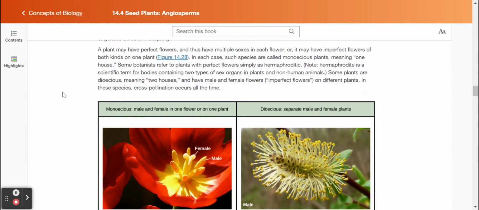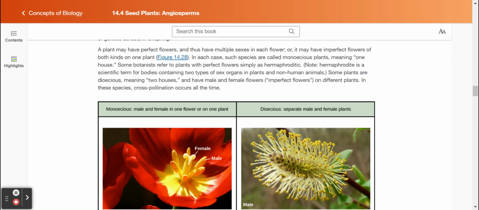A plant may have perfect flowers and thus have multiple sexes in each flower, or it may have imperfect flowers of both kinds on one plant. In each case, such species are called monoecious plants, meaning one house. Some botanists refer to plants with perfect flowers simply as hermaphroditic. Note, hermaphrodite is a scientific term for bodies containing two types of sex organs in plants and non-human animals.